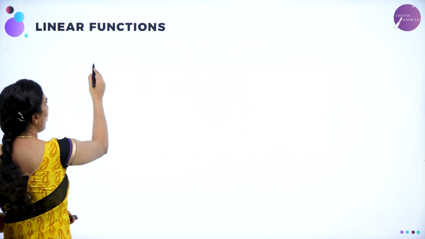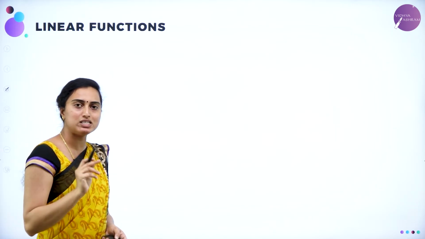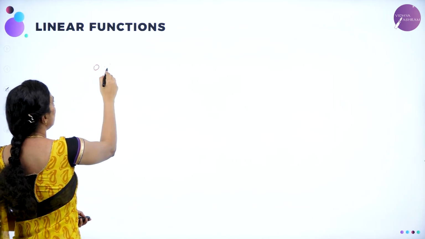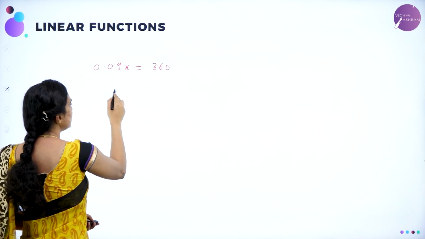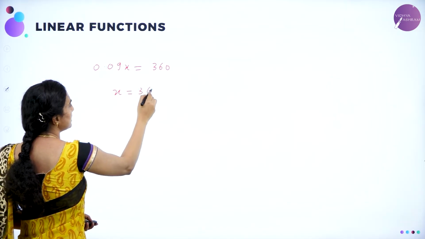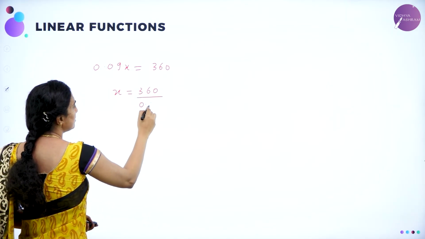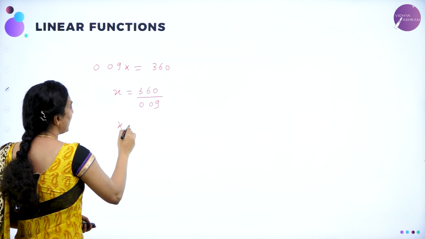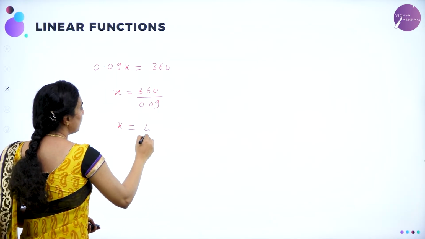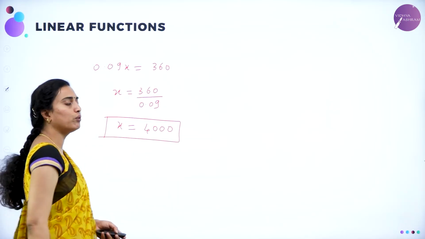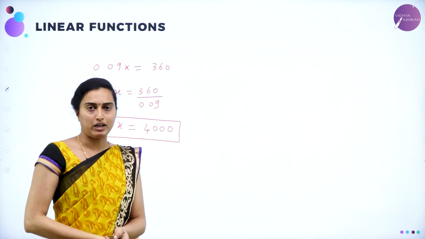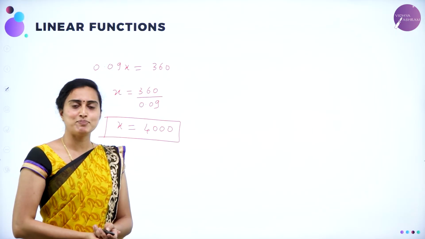Otherwise, you can have 0.09x equal to 360. Otherwise, x will be equal to 360 divided by 0.09, which will be x equal to 4,000. So this is the number of units produced or manufactured. So we'll move on to the next problem, dears.